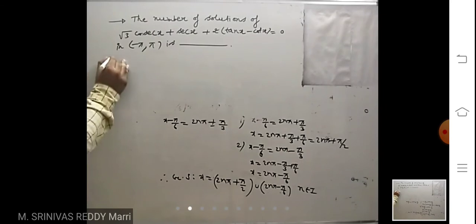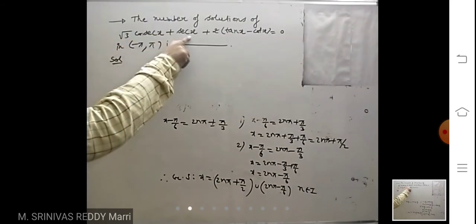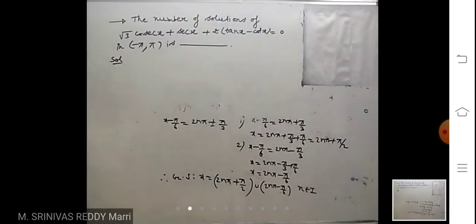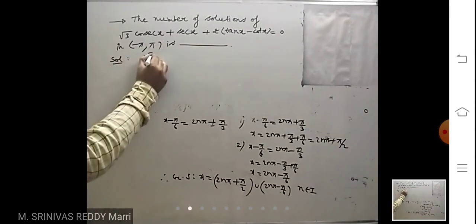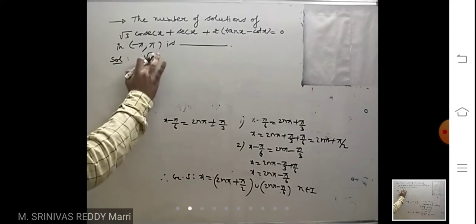If you look at the equation, cosecant x is there, secant x is there, tan x is there, cot x is there. No option. You have to convert into sine and cos. First step is convert into sine and cos.